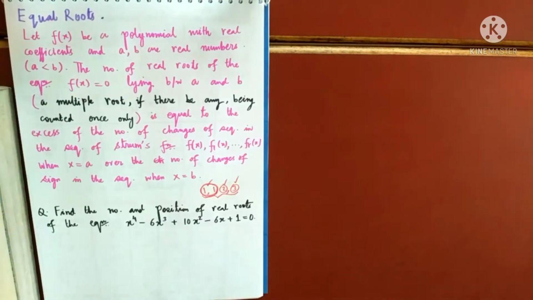Let me check the question again. x to the power 4 minus 6x cube plus 10x square minus 6x plus 1.